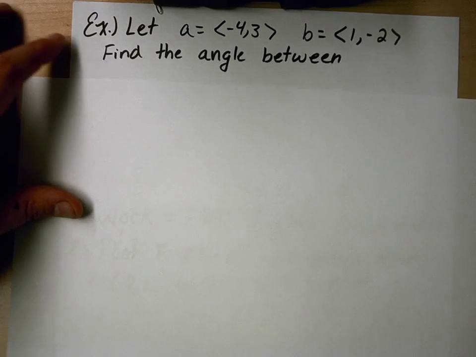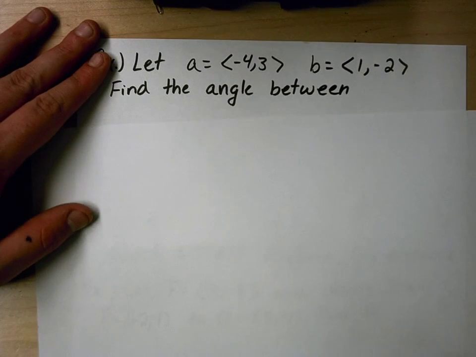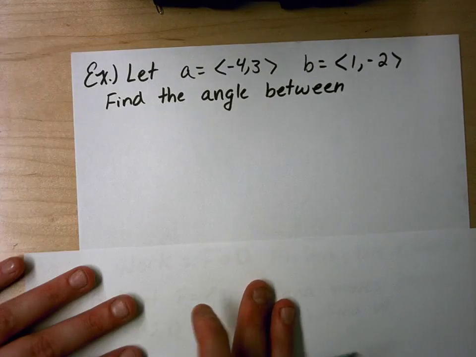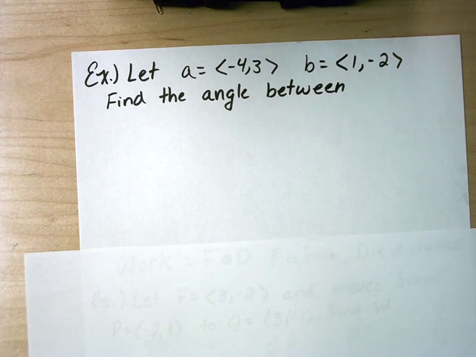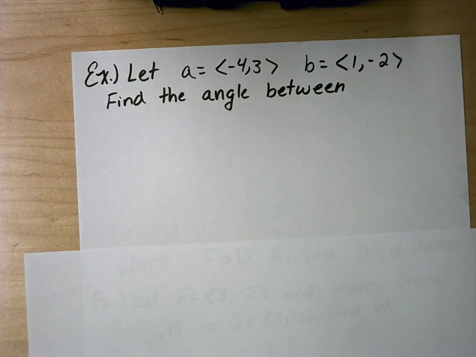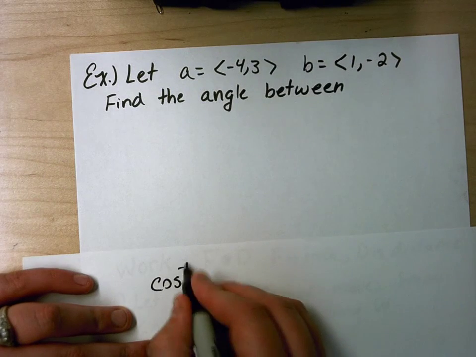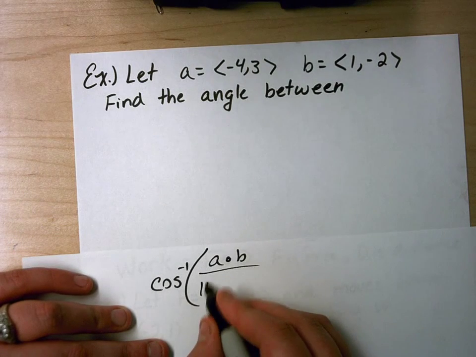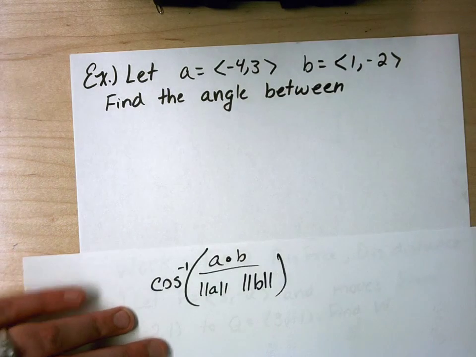Okay. So if I let A equal -4, 3, and B equal 1, -2, I need to find the angle between them. What I'm going to do first is get all the pieces I need. If I write this down, then I need cosine inverse, and the stuff I need inside is A dot B, and I also need the length of A, and the length of B. So I'm going to calculate those up here.